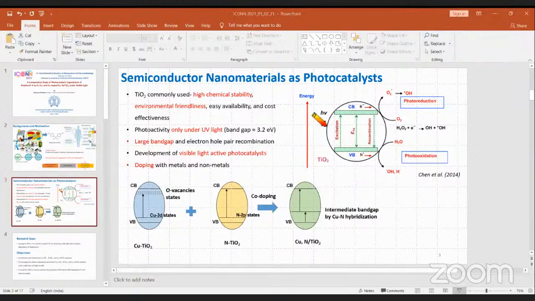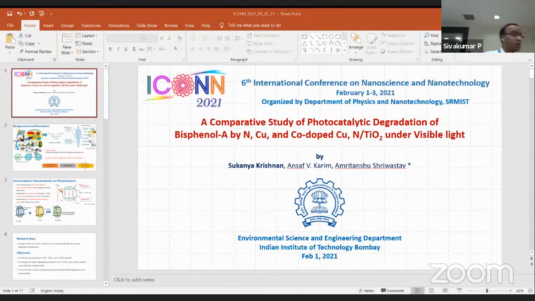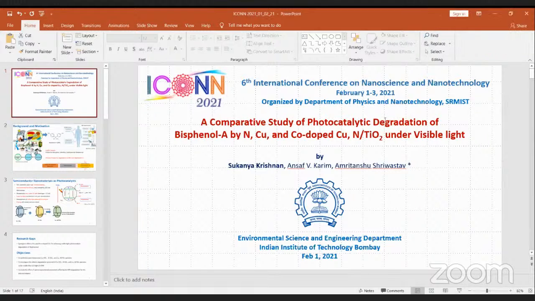There is some lag in between, I guess. You can first put it in slideshow mode and then share. Is it visible now, sir?